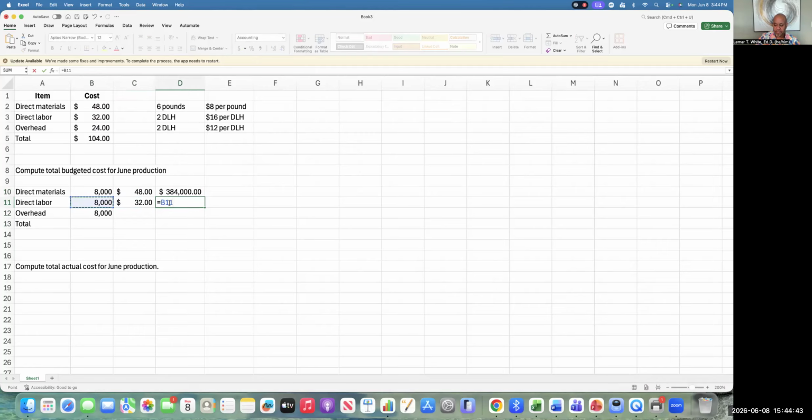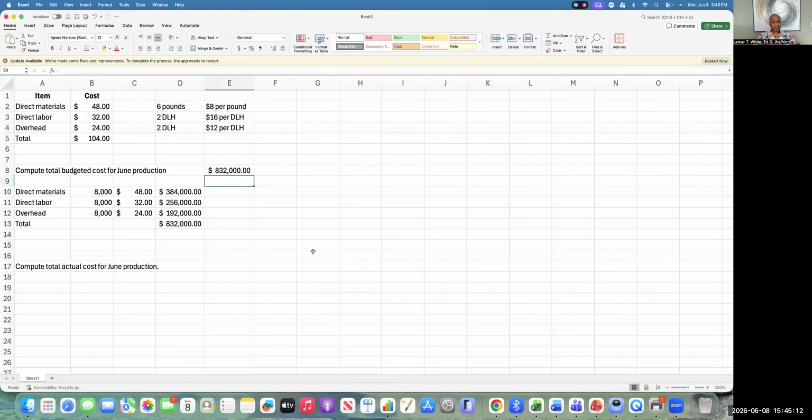For overhead, I calculated 24, so I also multiply those two numbers. Then I add together these three totals, and that gives me my computed total budgeted cost for June production, which is $832,000.